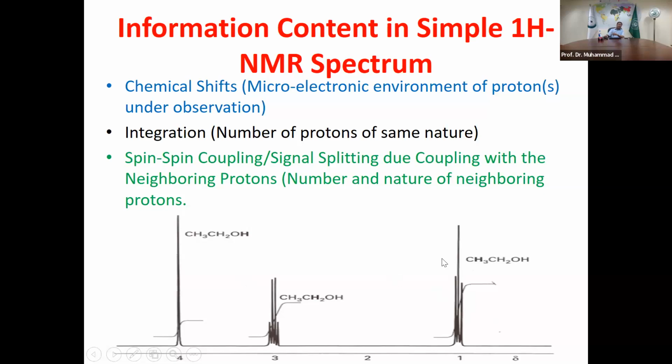And now, if I tell you that we replace this with a more electronegative atom, such as fluorine, everything would be more de-shielded. If it is NH, an amine, in that case, nitrogen is less electronegative as compared to oxygen, and the chemical shift would be different.